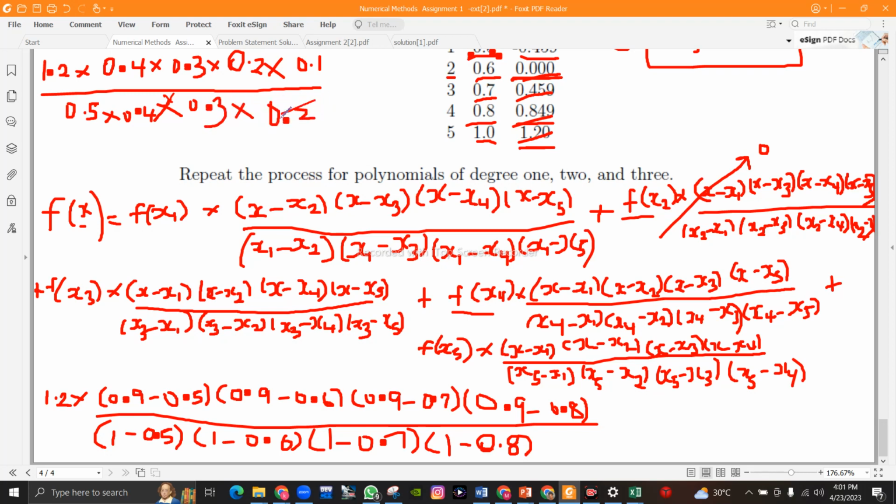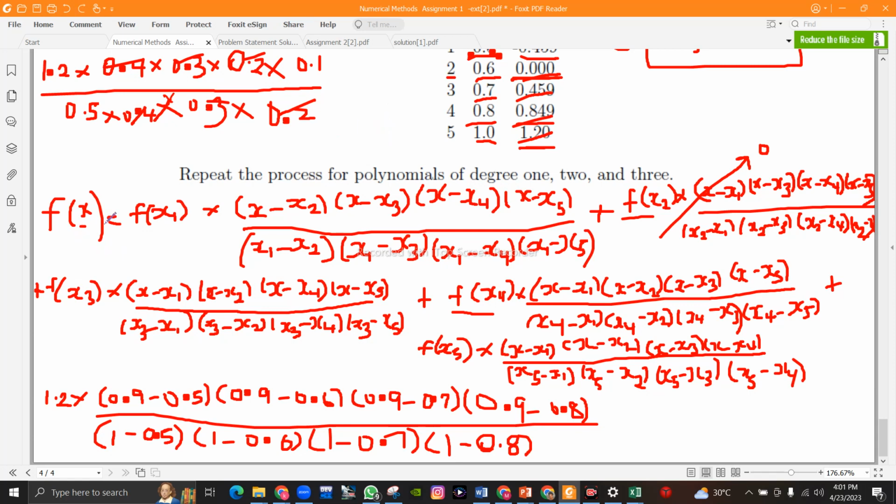So this cancels this, this cancels this, this cancels this. So you have 1.2 times 0.1 divided by 0.5. That's 0.24. So with all the values we've gotten, we can add them together to get our f of 0.9.